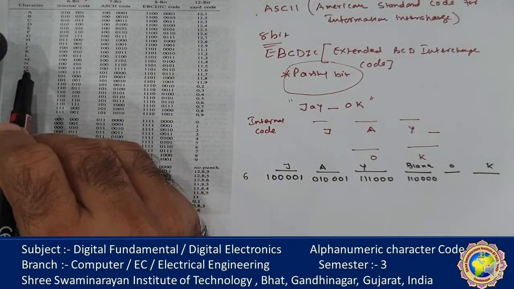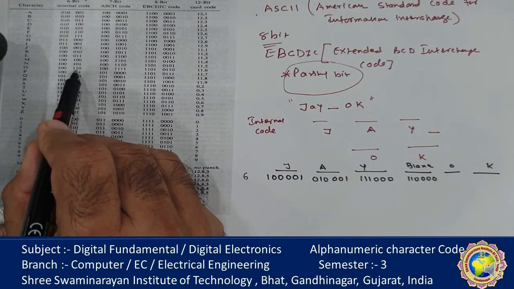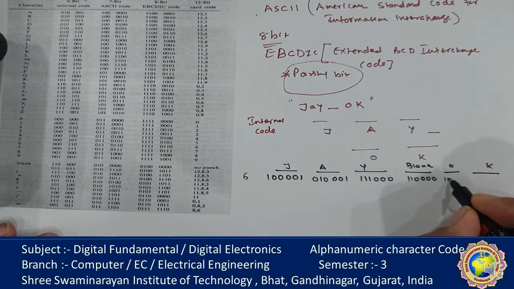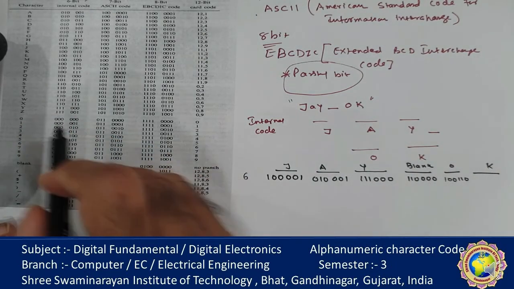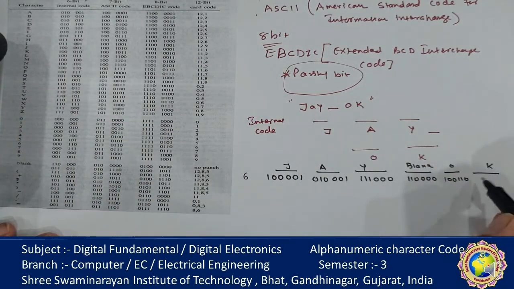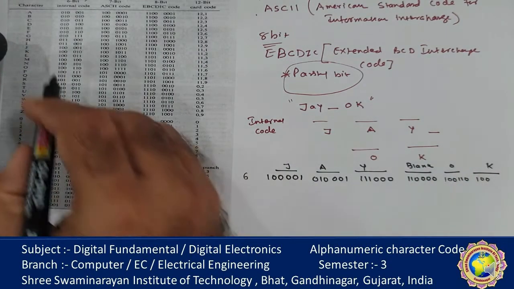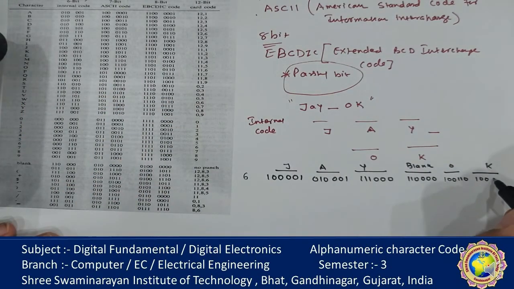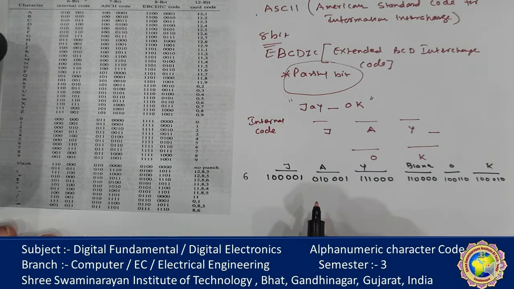From this table, O is 100110, and K is 100010. This is the equivalent in binary.